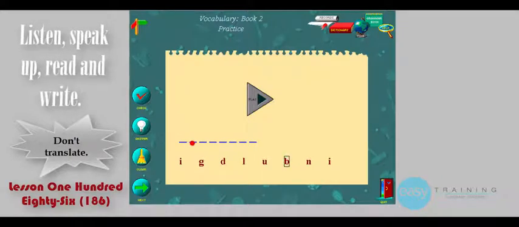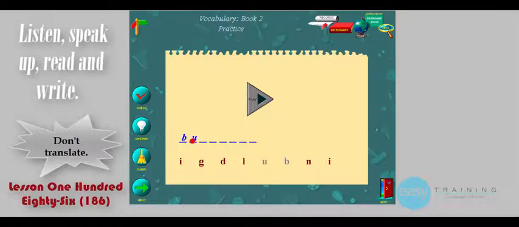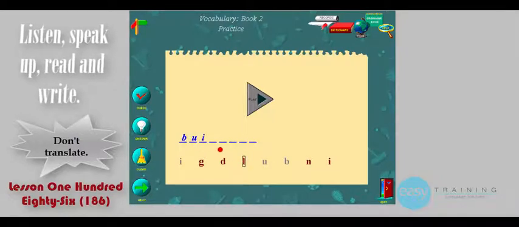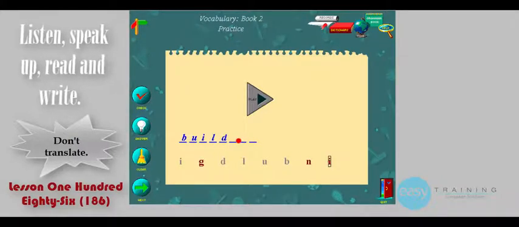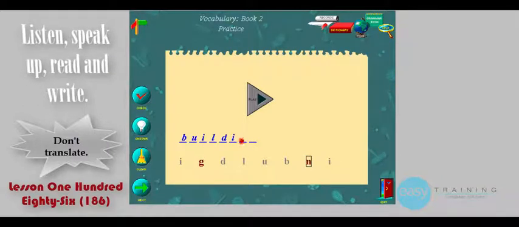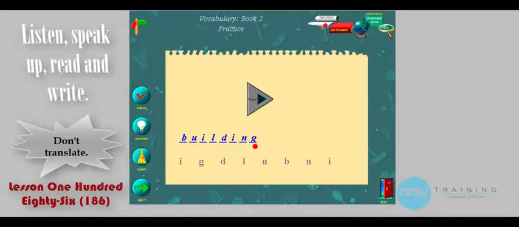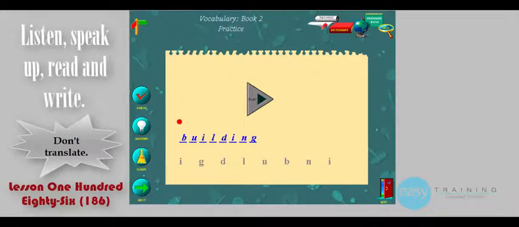That's B-U-I-L-D-I-N-G. Building. The Empire State Building is in New York. Let's see. Yes, that's correct.